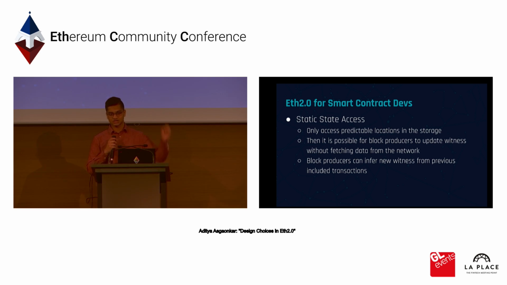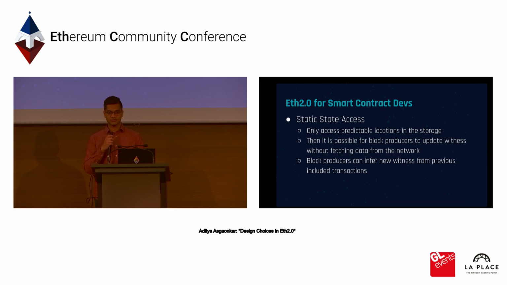So if a certain transaction touches a storage slot that you were trying to access, and it's in the previous block, and your transaction is included in the next block, the block producer looks at the previous block, says, oh, there's a transaction that updates whatever you were trying to access, and I know the post state for that, so I'll just use that instead. I don't need to fetch anything from the network. This gives us a lot of efficiency gains. Block producers don't have to do as much work.